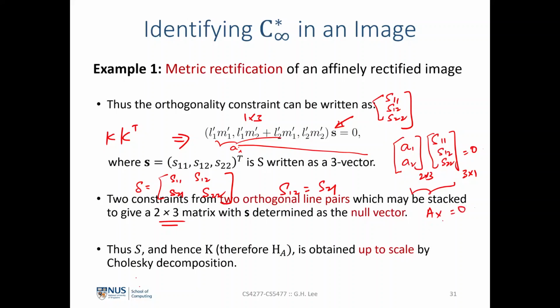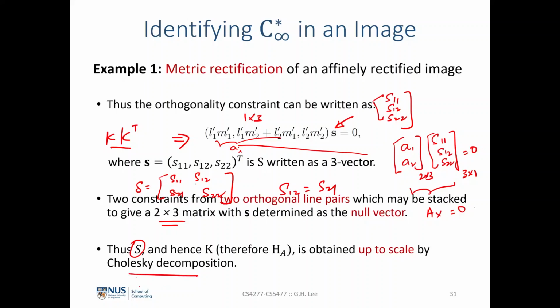So we can solve for the null space of X, or S over here, and that would be the solution that we get for the S vector. And once we have solved for S, since S equals K K transpose here, this is a square root matrix. This means that K would be the square root of S, and this is given by simply the Cholesky decomposition.